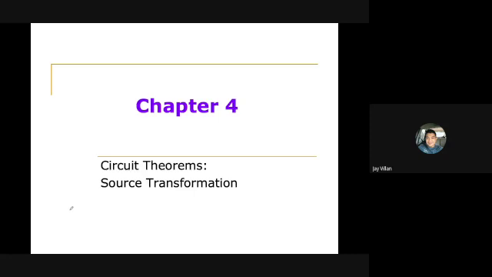So here, you're going to transform a source from a voltage source into a current source, or vice versa, a current source into a voltage source.